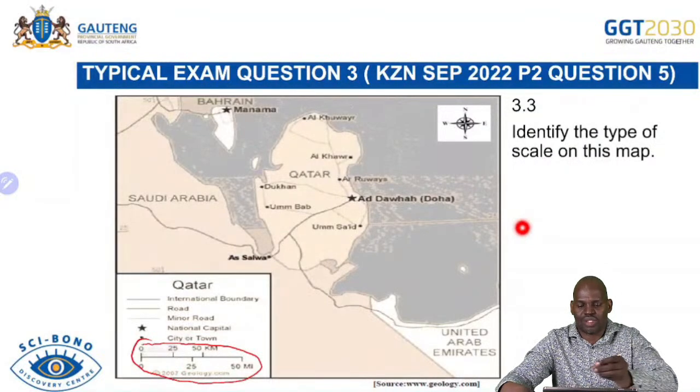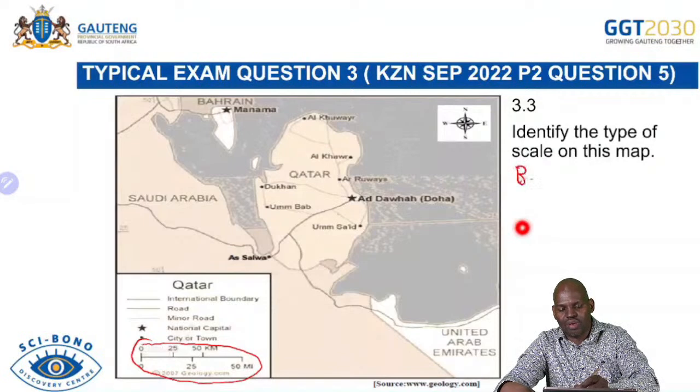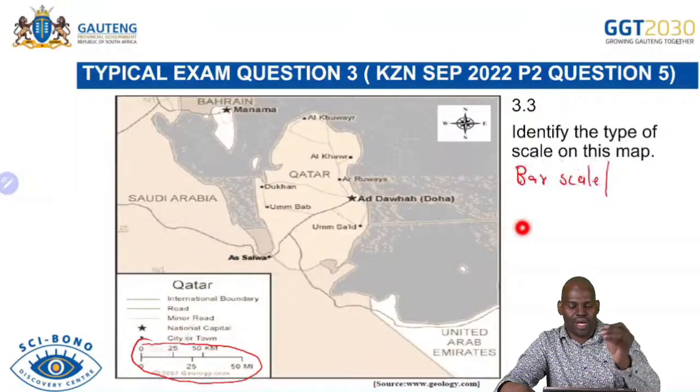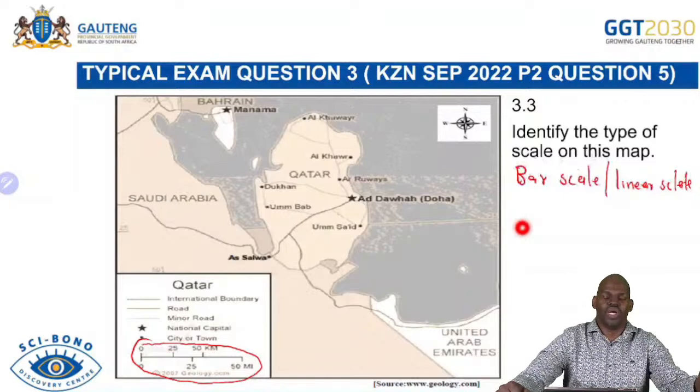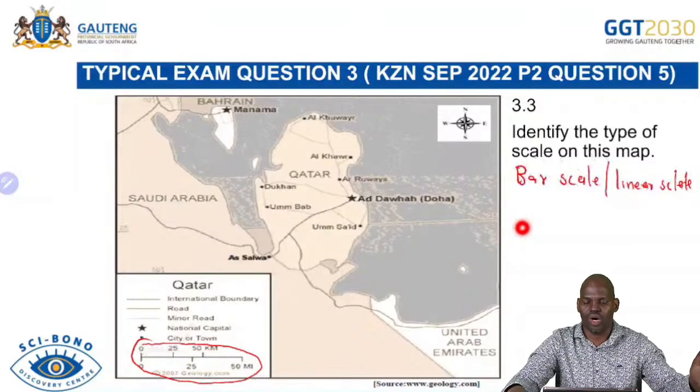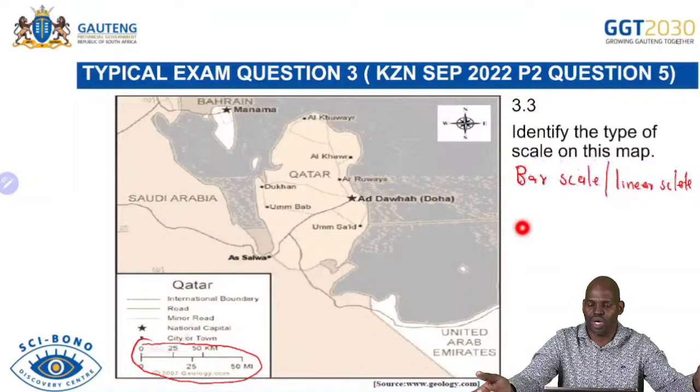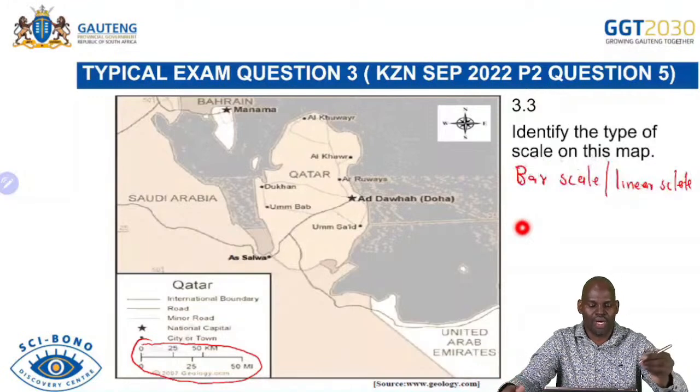The scale is a bar scale, or you can say this is a linear scale. Bar scale or linear scale. So it's as easy as that. You just have to identify the type of scale on this map, then you indicate the name, it's a bar scale.